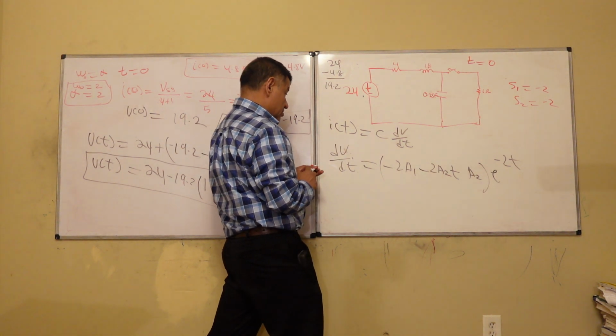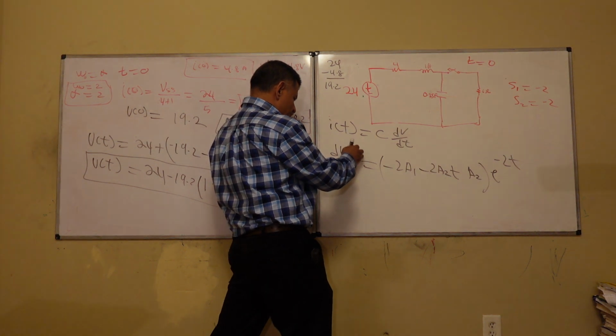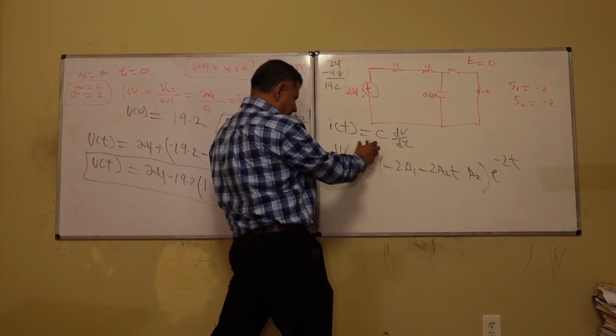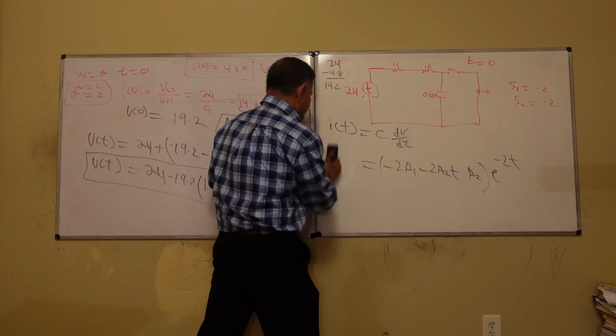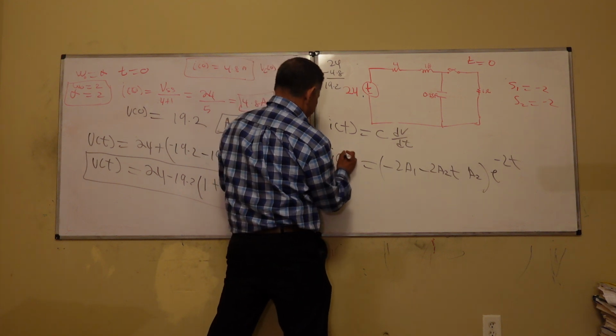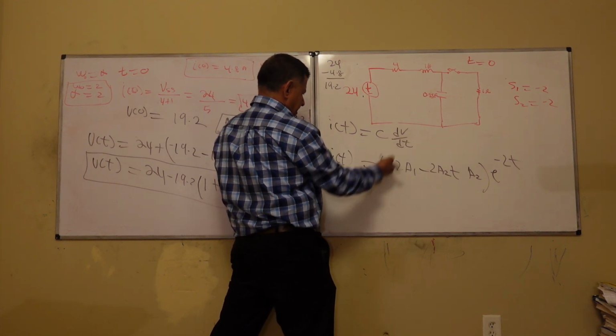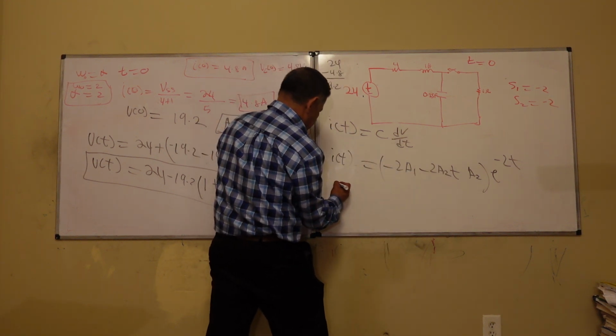So technically we can just replace that by I of t, because I'm multiplying everything by c.